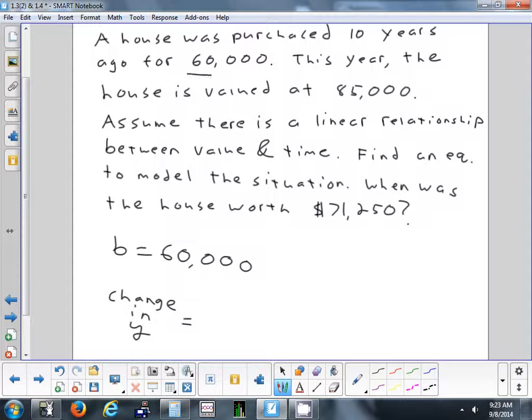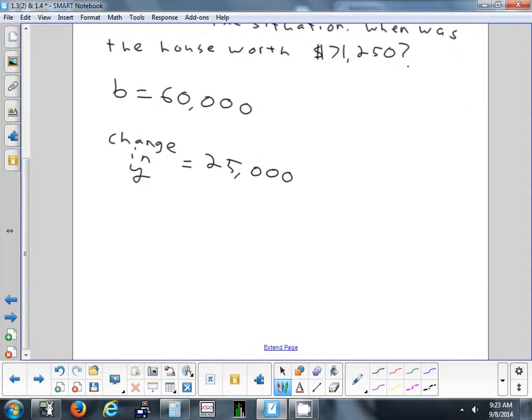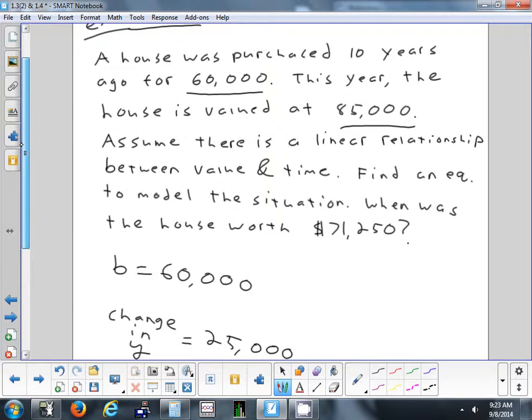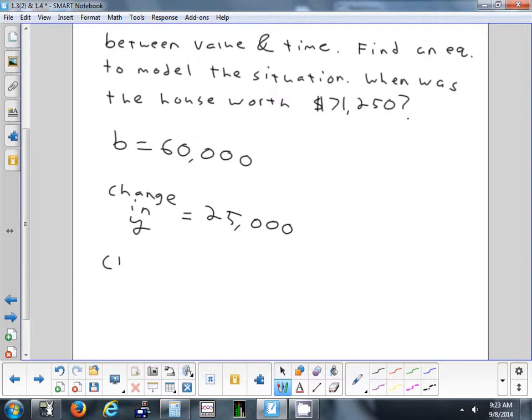The house started at $60,000. It's now worth $85,000. How much is the increase? $25,000. Over how many years did that happen? 10. So 10 years ago, it was worth 60,000. 10 years later, it's worth 85,000. So my change in x is 10.